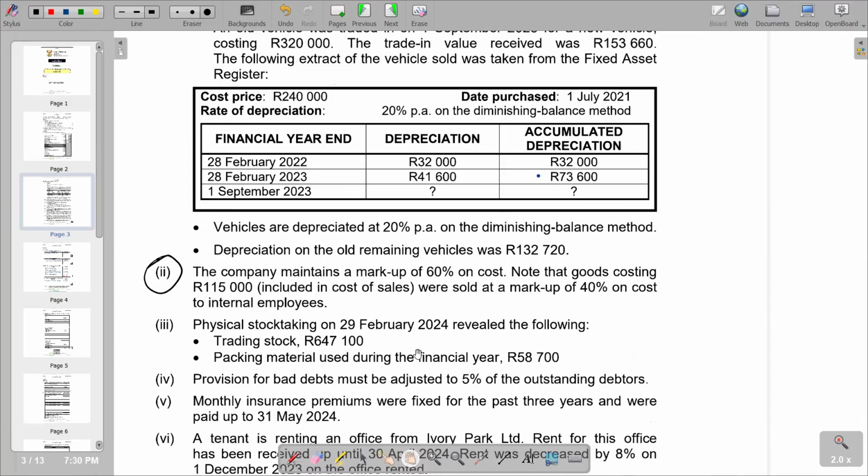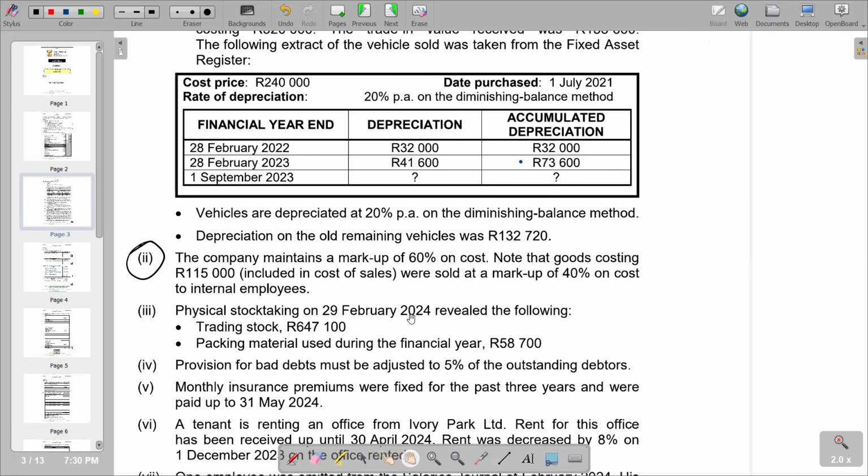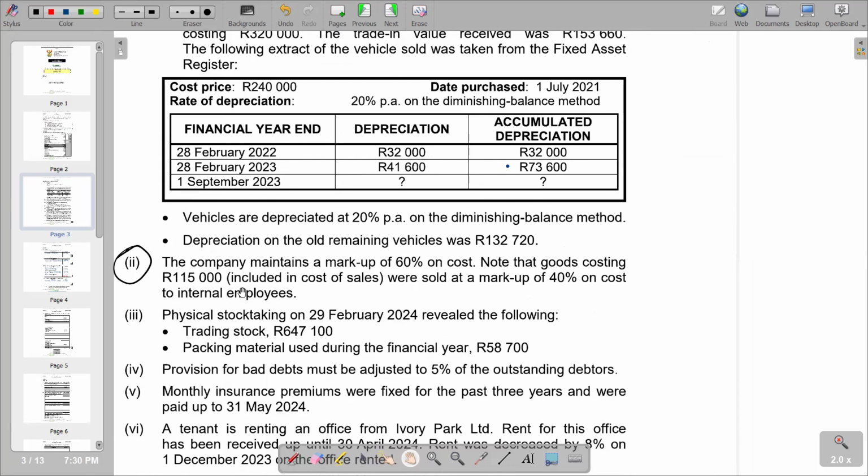So we see that we have got goods costing 115,000 inside our cost of sales that were not sold on a markup of 60%, but are sold on a markup of 40%. So to make it simpler, you can just separate them. The goods that have a markup of 60% and the ones that have a markup of 40% separately.